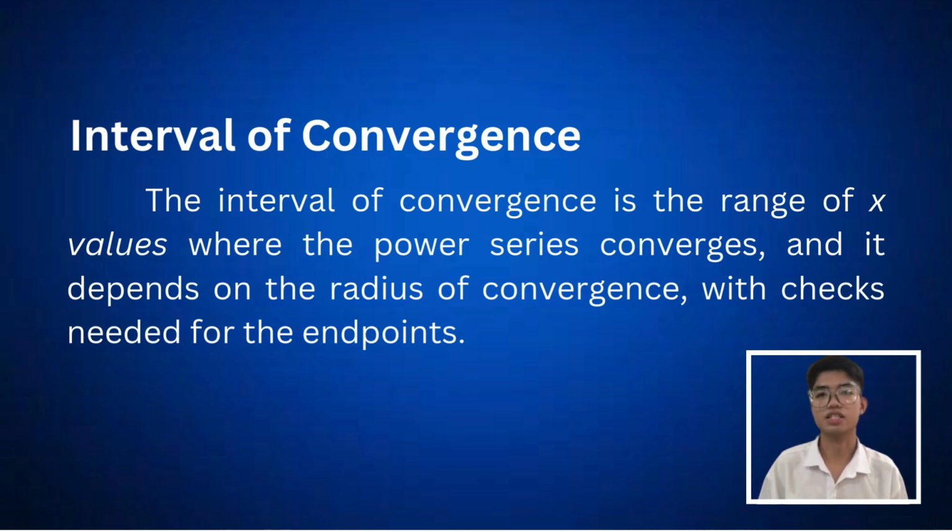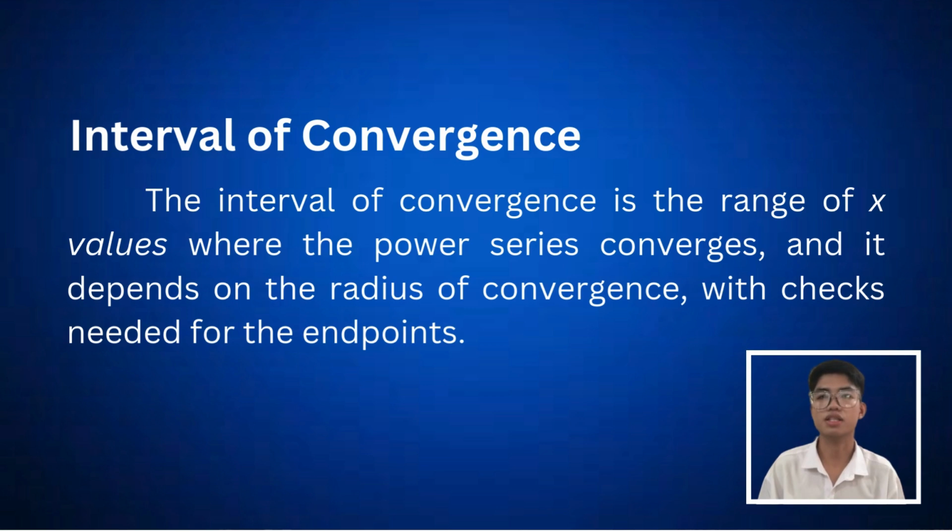Interval of convergence. The interval of convergence is the actual range of x values for which the power series converges. It is typically represented as an interval around the center c, such as c minus R and c plus R, where the radius of convergence is R. However, we need to check the endpoints of this interval, x equals c minus R and x equals c plus R, separately.